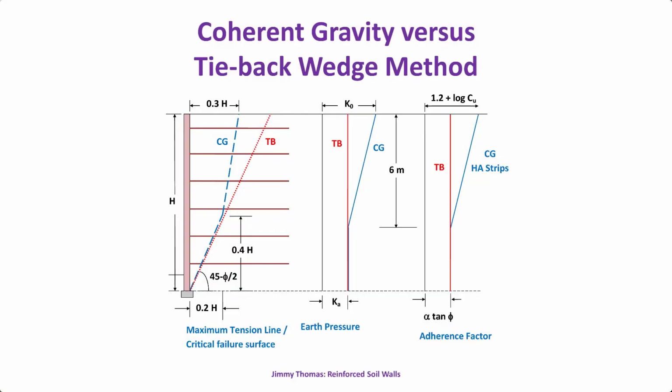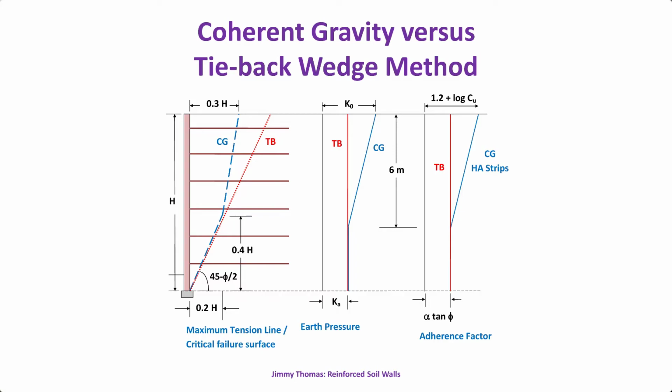And the third difference is the adherence factor, or the pullout or the interface. In the tie-back wedge method, it is uniform. That means it will be some factor into the tangent of the friction angle, alpha tan phi. Whereas in the coherent gravity method, this also varies. At the ground surface, it's 1.2. That means the coefficient of friction could be 1.2 or 1.5, very high. Mainly this comes from dilatancy effects.